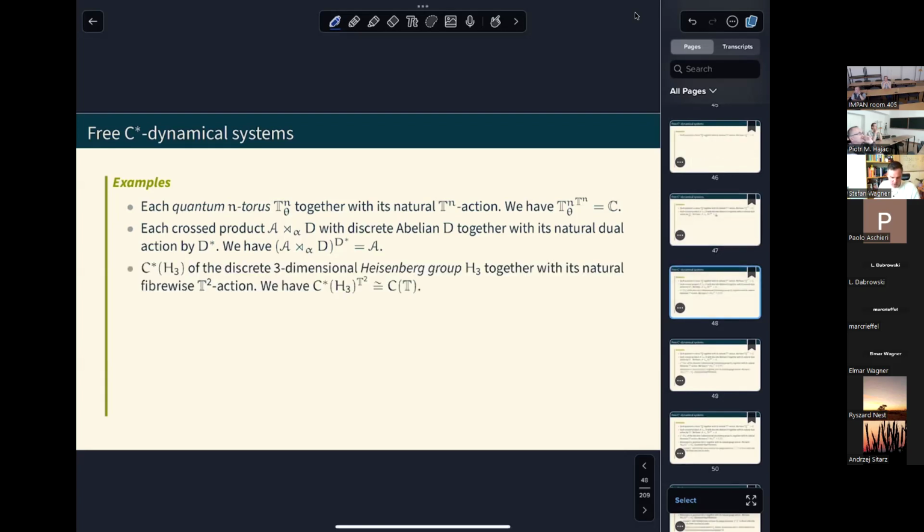We saw the discrete three-dimensional Heisenberg group, or the group C-star algebra of this guy. This is also a non-commutative principal T2 bundle, and its fixed point algebra, as we have seen, is the circle, or the functions on the circle. And here in point number 2, when you mentioned cross product, there's no cocycle. Exactly, there's no cocycle.